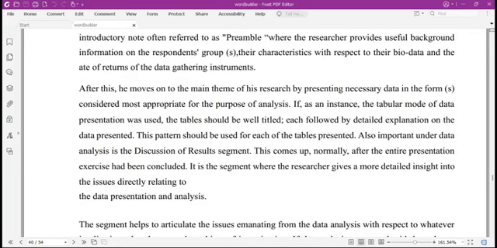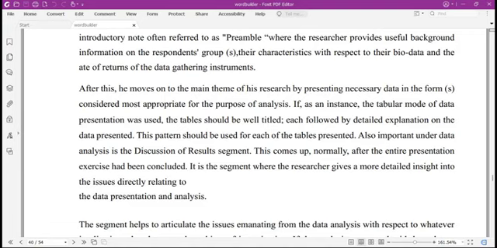If, for instance, the tabular mode of data presentation was used, the tables should be well titled, each followed by a detailed explanation of the data presented. If you're making use of a table, if you want to present it in a tabular form, you title the table very well. You're telling us what the data in the table is talking about.